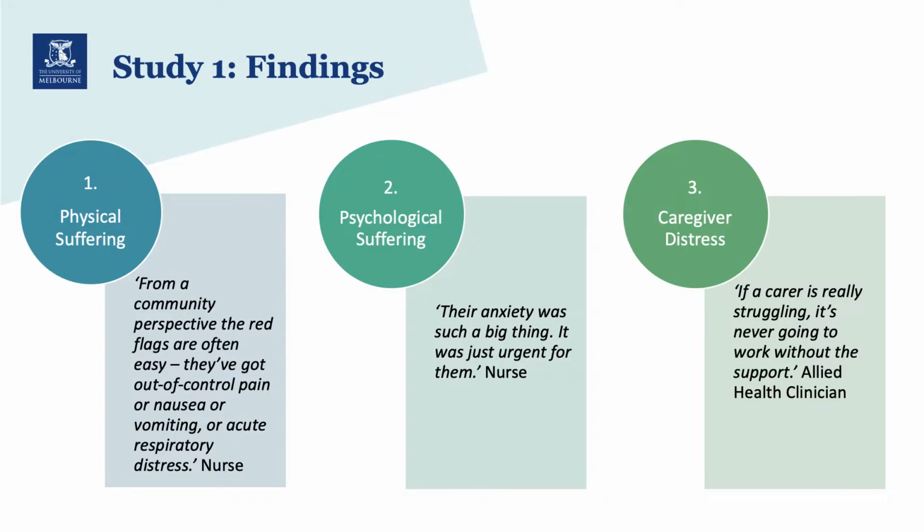Likewise for psychological suffering of the patient, the nurse saying their anxiety was such a big thing, it was just urgent for them. And caregiver distress. So an allied health clinician saying if a carer is really struggling, it's never going to work without the support. So those three are fairly straightforward and obvious factors indicating urgency.